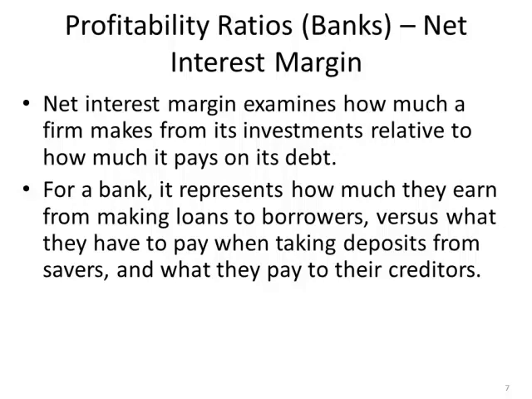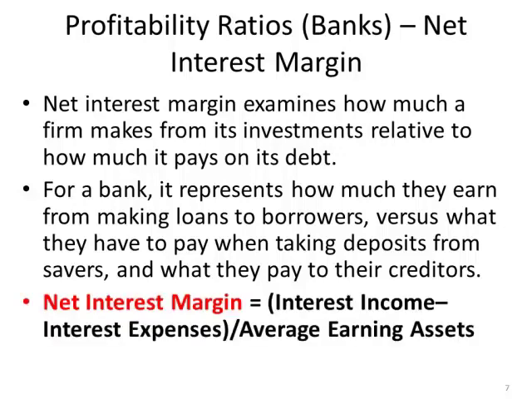So a bank will charge different interest rates for these two things. They might charge their borrowers a higher interest rate than what they pay to their depositors, and the difference becomes the net interest margin. So we take how much they earn from making loans to borrowers and compare that to what they have to pay when taking deposits from savers, and also what they pay to their creditors.